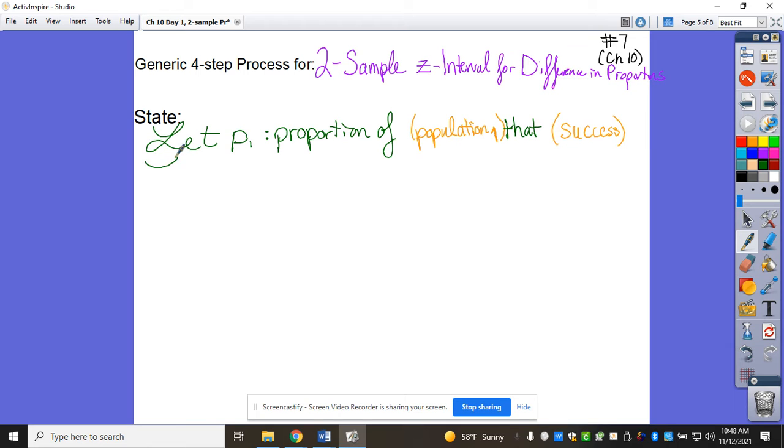But I don't see the reason to define population and proportion separately here. So then this is just going to be proportion of population to the success.